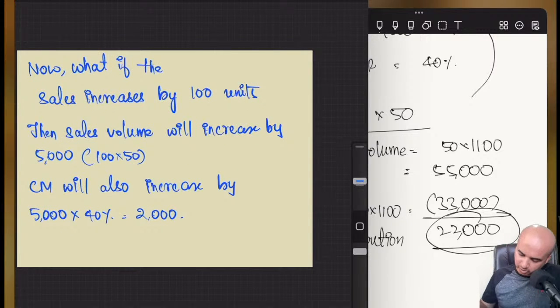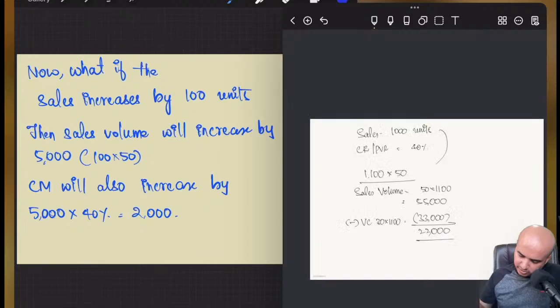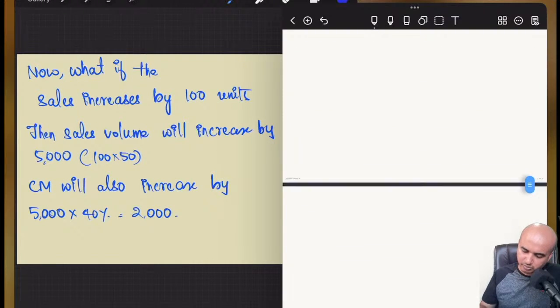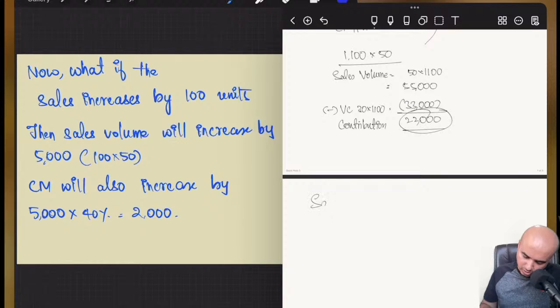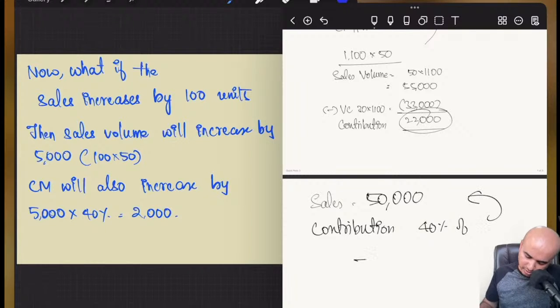Sales earlier was 50,000 and contribution earlier was 40% of this, which was 20,000.